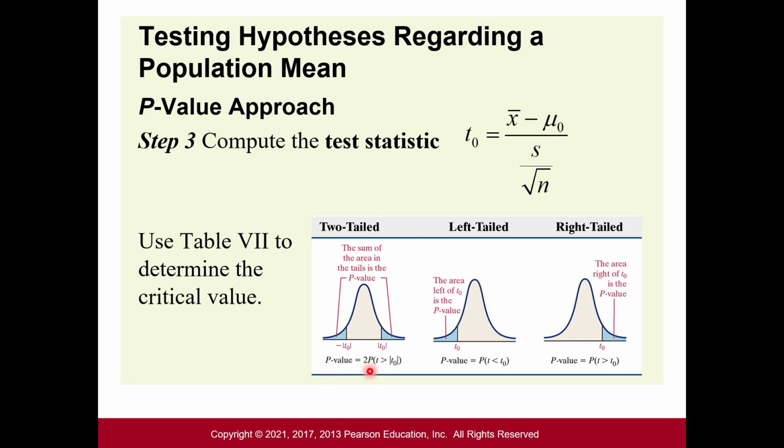The p-value for the two-tailed test is 2 times the probability that T is greater than the absolute value of T0, our test statistic. So we have to compute that one. For the left-tailed test, our p-value is the probability that T is less than our test statistic. And for the right-tailed test, our p-value is the probability that T is greater than T0.